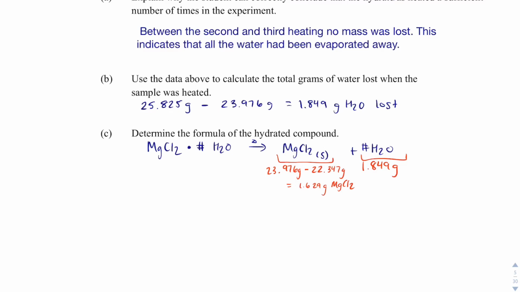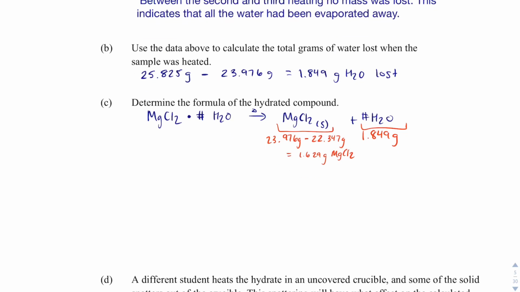I don't have percents, I just have masses, so I'm going to start at step 2. I'm going to take 1.849 grams of water. There's 18.02 grams of water for every 1 mole of water. That gives me 0.1026 moles of H2O.